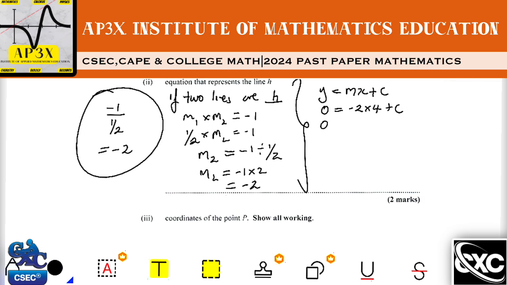So therefore 0 is equal to negative 2 times 4, which is negative 8, plus c. We can therefore confirm, by transposing the negative 8 to get positive 8, that the line H crosses the y-axis at 8.